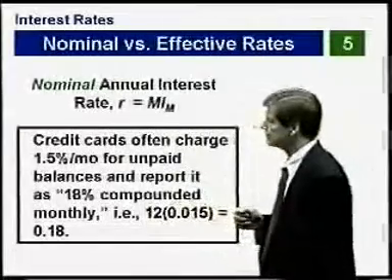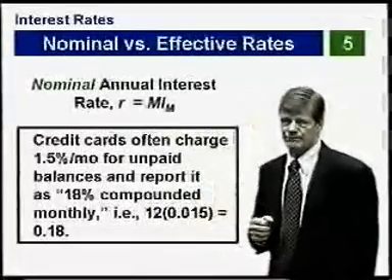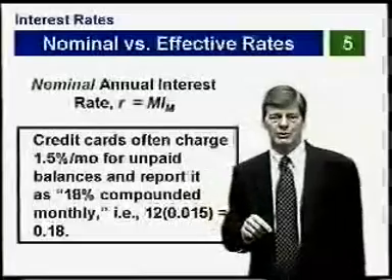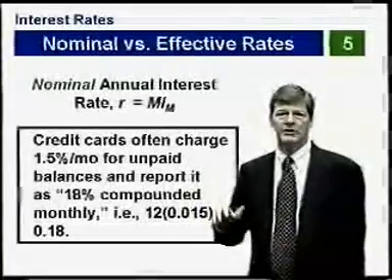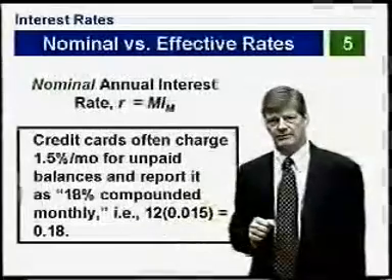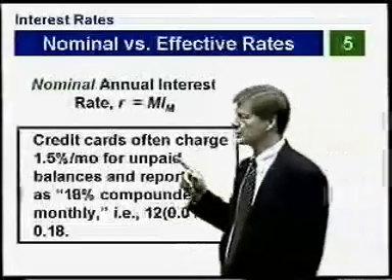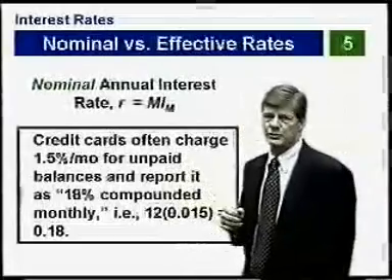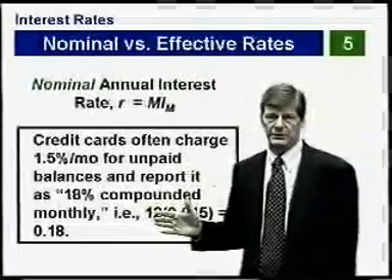For example, if I were to ask the question, if you had this credit card and you were to make some purchases and leave those purchases unpaid month to month for the next 12 months, this credit card would charge you 1.5% every month that those balances remain unpaid, and they would charge you interest on interest every month.